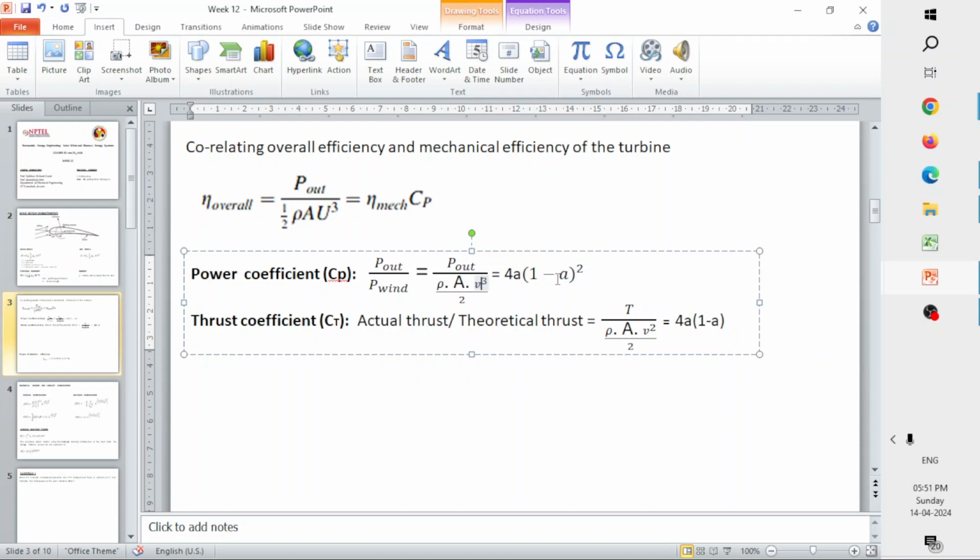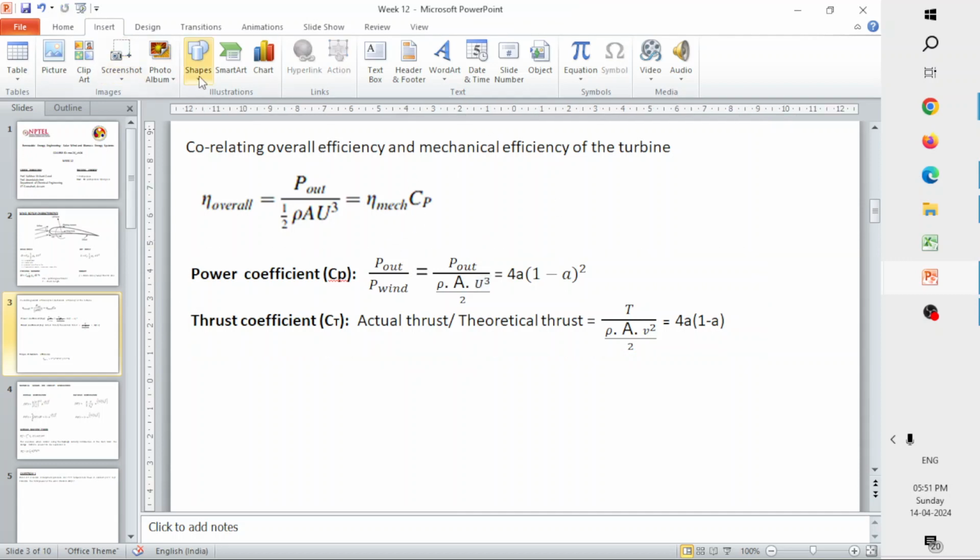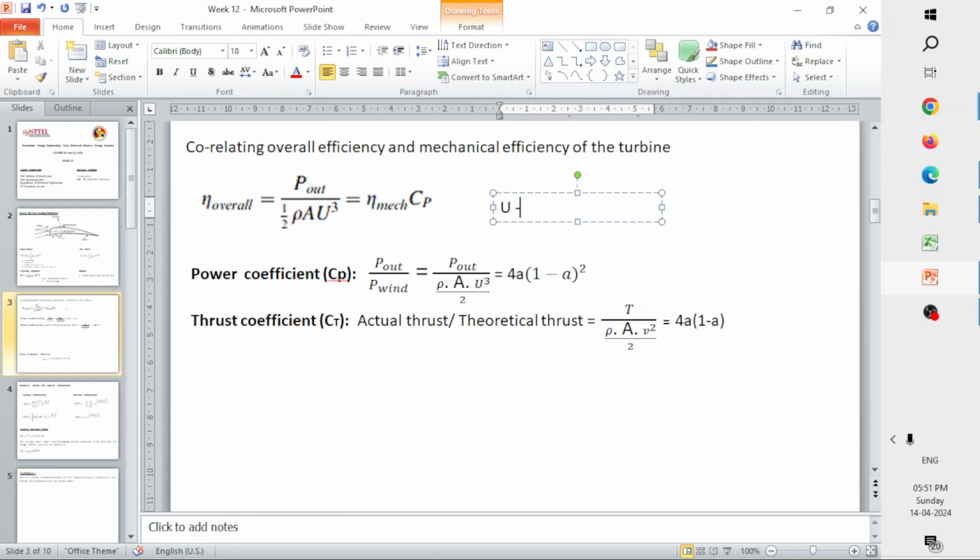And here, before that, this V is nothing but U, and that U is your wind speed or free stream velocity. So what is the value of A? What do you mean by A?